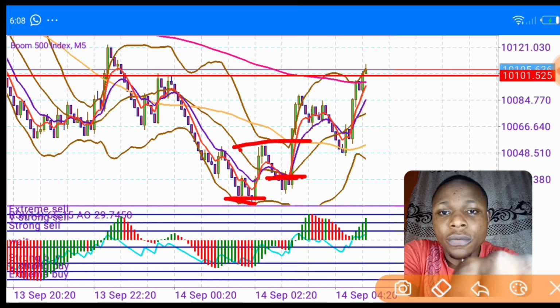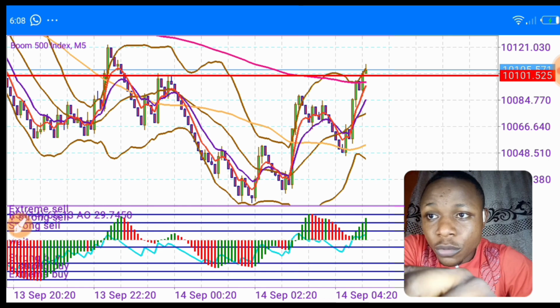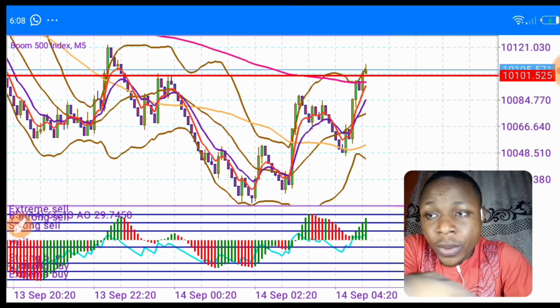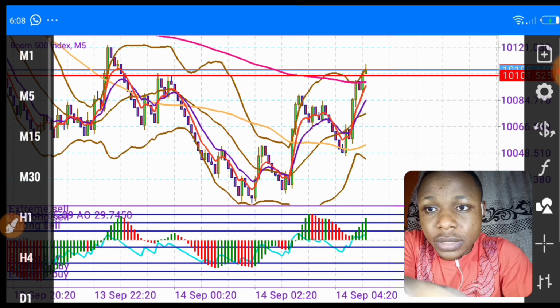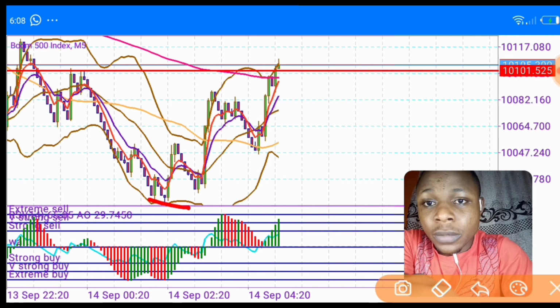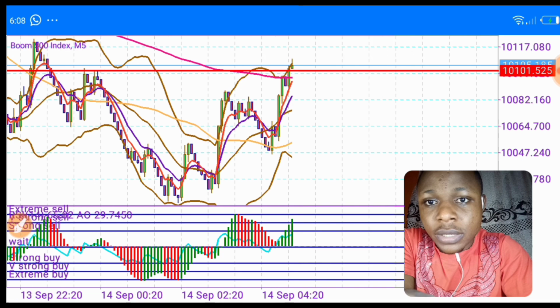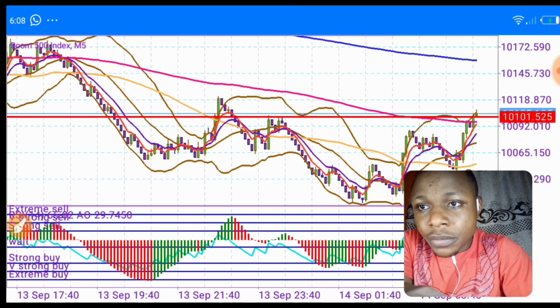So let's look for another example. We are looking for two examples now: where it respects that support level, and where it didn't get there before buying again. We are looking for both and see what later happens.